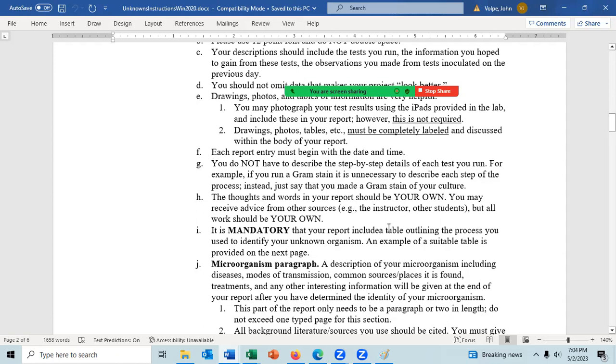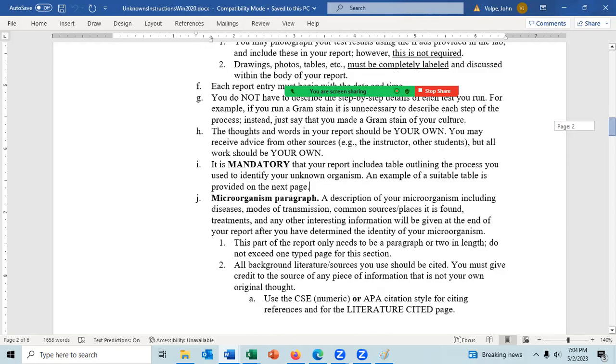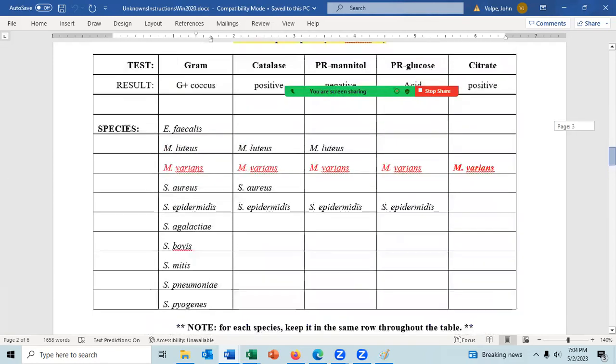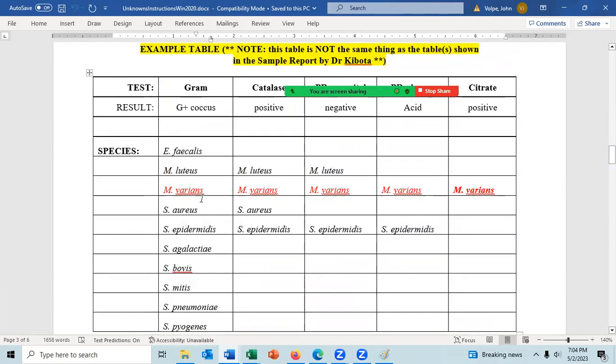In your report, but not in your unknown notes pages, you must have either a table or a figure identifying your unknown organism. I've got the next page showing the table. So you're starting with all species, and that's not shown here. And then you have all the gram positives, which are shown.